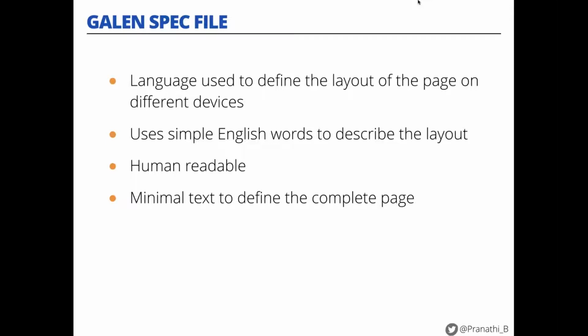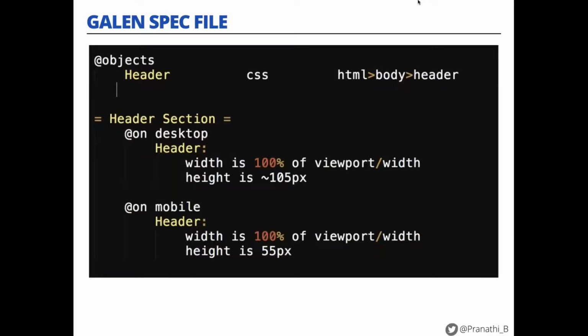Let's see a quick example. This is a typical example of a Galen spec file. If you see at the top, I define something called objects, and these objects are the way to identify your web elements. I defined something called header, and said find header using a CSS, and I provided what the CSS is.